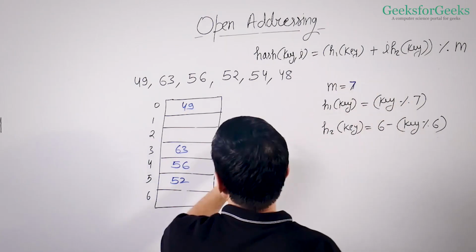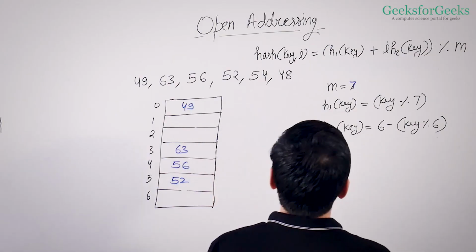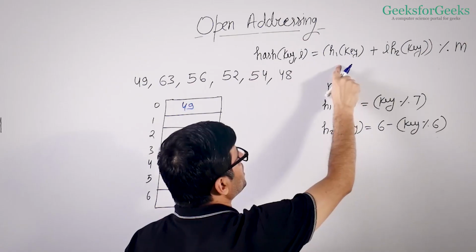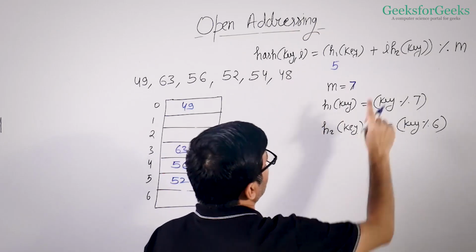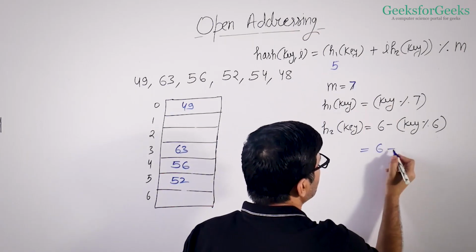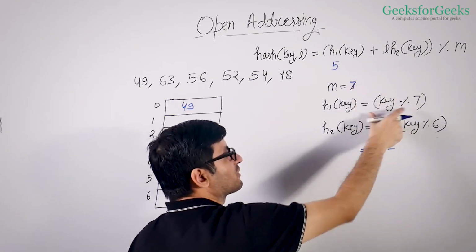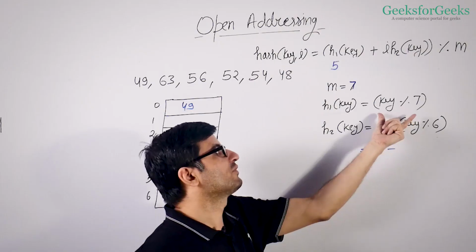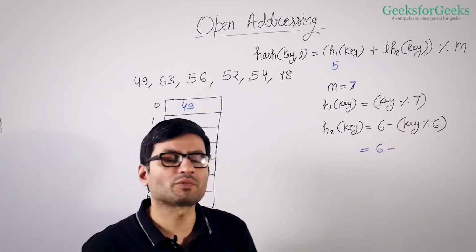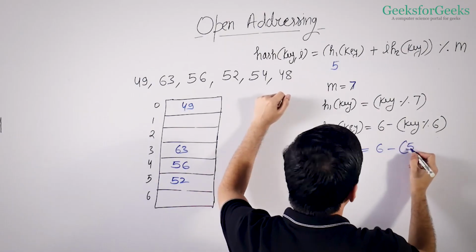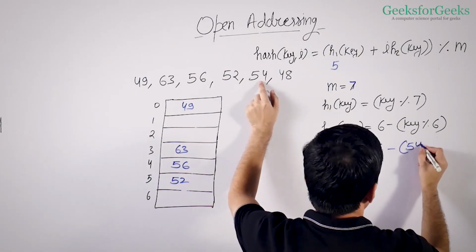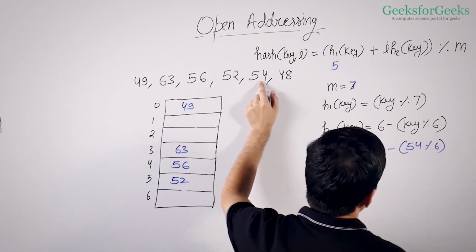Let's put the next value, which is 54. For 54, what is the value of H1 key? It's 5. H1 key I'm computing using this formula, key & 7. 54 modulo 7 is 5. H2 key is 6 minus 54 modulo 6.